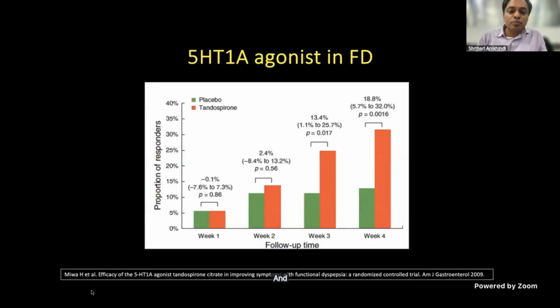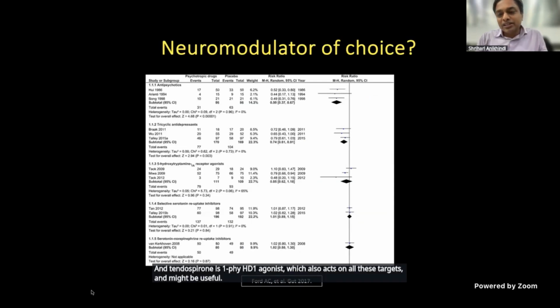And tandospirone is one 5-HT1A agonist, which also acts on all these targets and might be useful. The problem with levosulpiride, however, is that it has a lot of extrapyramidal side effects, and it is recommended that it should not be used, especially in elderly people, because sometimes these side effects are irreversible.